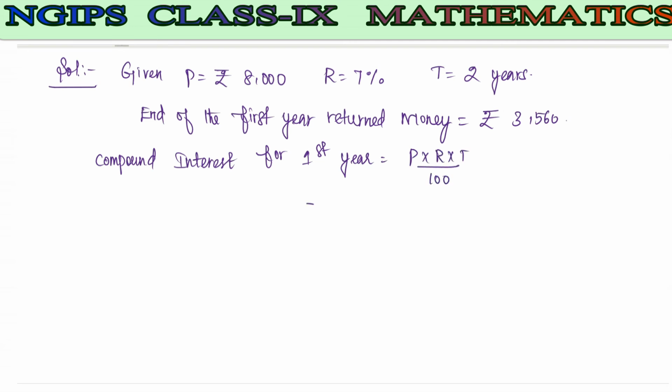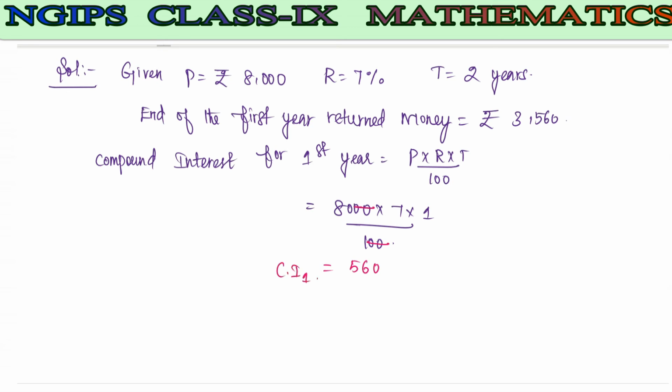So here we have principal 8,000, rate 7%, the time period we take for 1 year, divided by 100. If we simplify, the 2 zeros get cancelled. 8 sevens are 56, 560 rupees. This is the compound interest for first year.